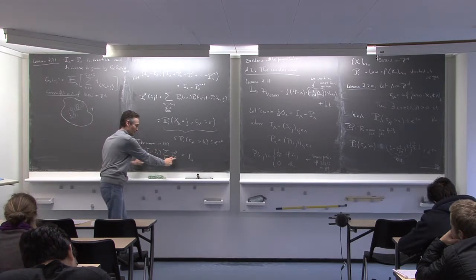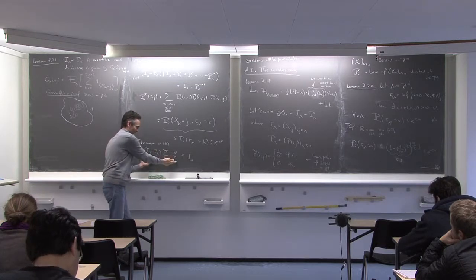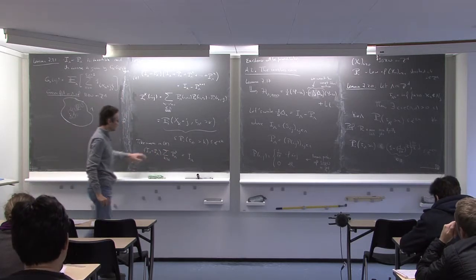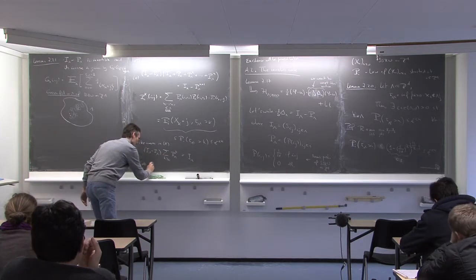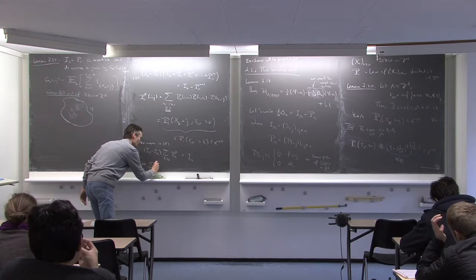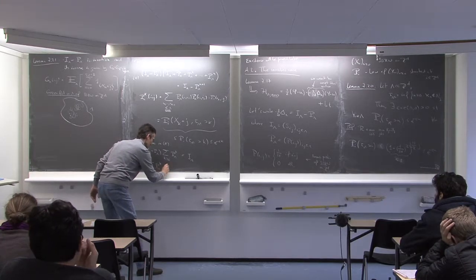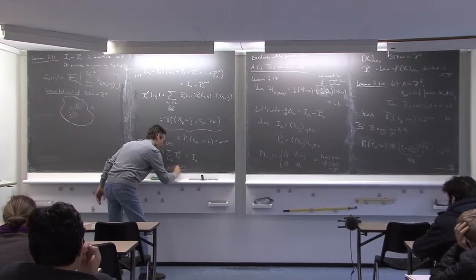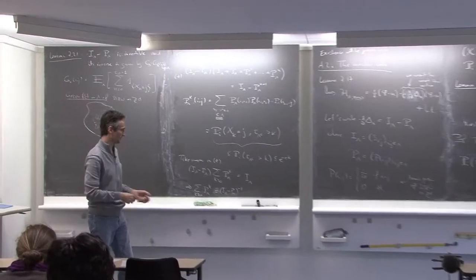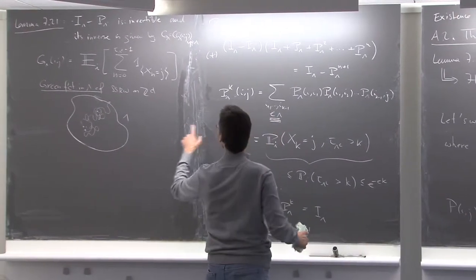Obviously this commutes, because P_Λ commutes with itself and with the identity, so it's also true in the other direction. So the sum over k greater or equal to 0 of P_Λ^k is the inverse of I_Λ minus P_Λ.